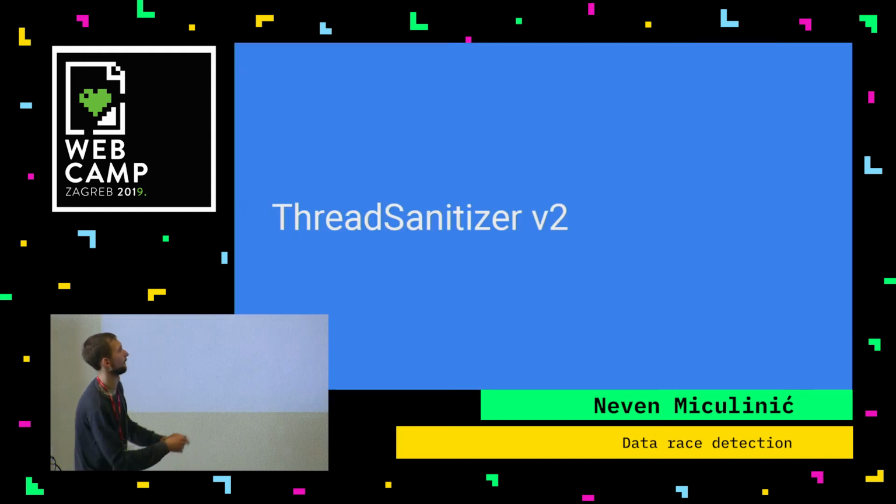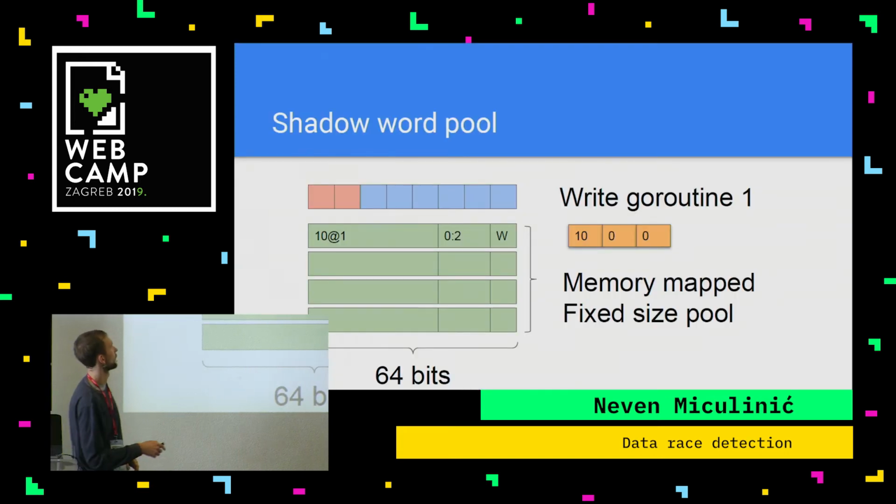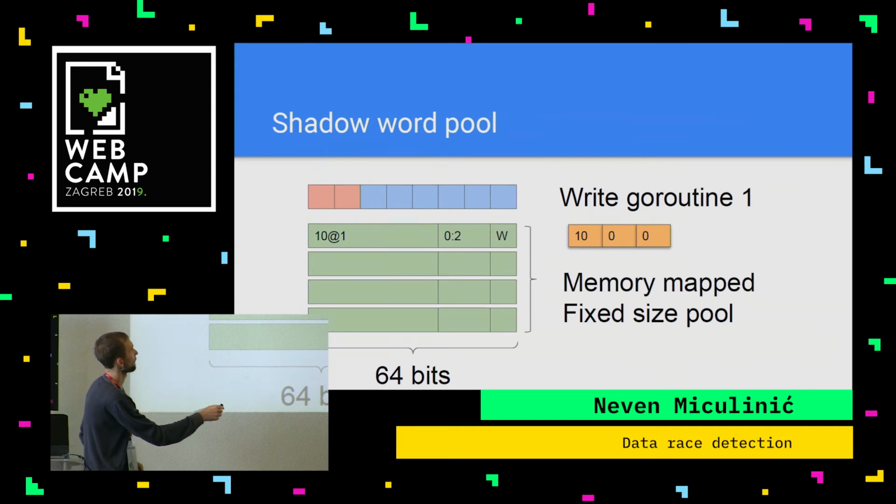And the last thing, the real algorithm, ThreadSanitizer version 2, does the following. First, they divide your virtual memory into 8-byte chunks. So if you imagine your virtual memory, they dedicate some space for the locations, and they dedicate some space for holding this shadow word pool.